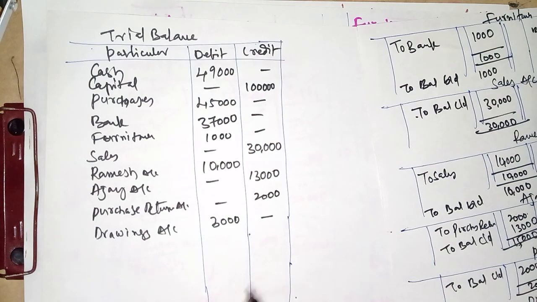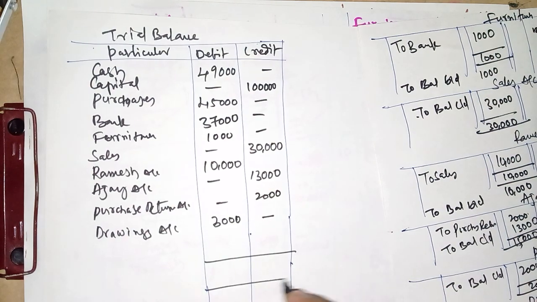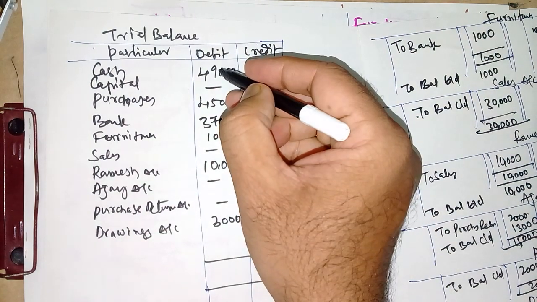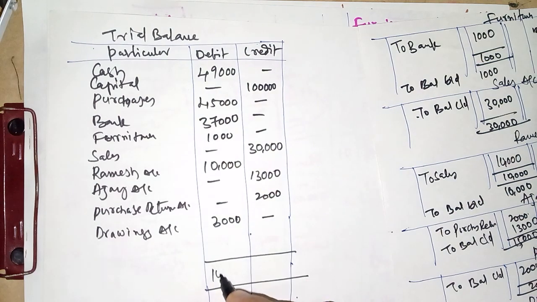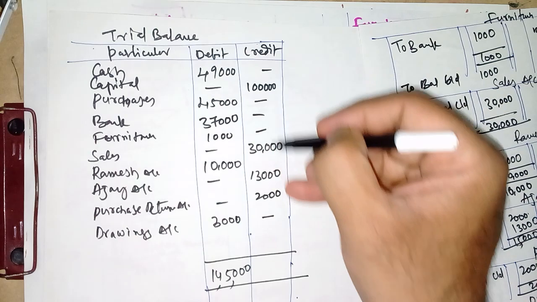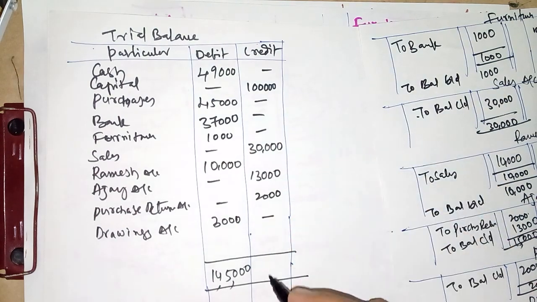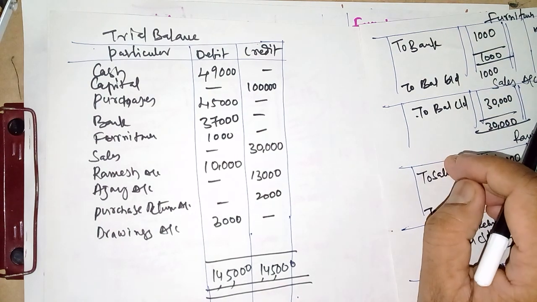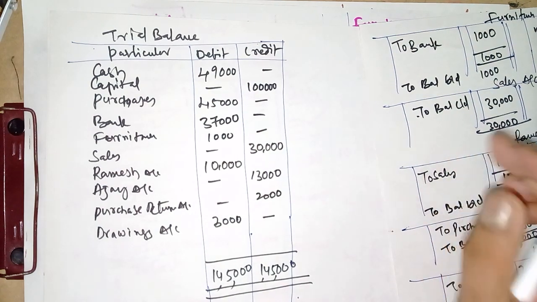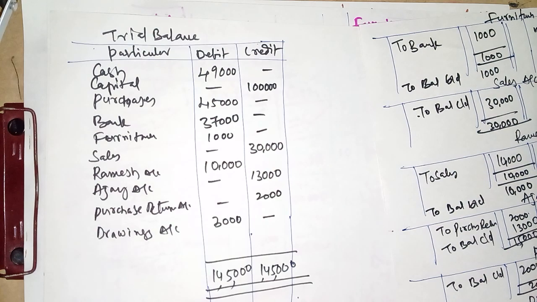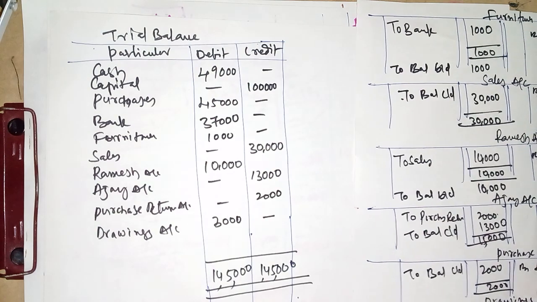So once it is done, we will close this and make the summation. If you make the summation, on this side we are getting 1,45,000 debit summation, and credit summation we are also getting 1,45,000. Now our trial balance is tallied. You might have observed in the earlier video I wrote the journal and prepared the ledger.